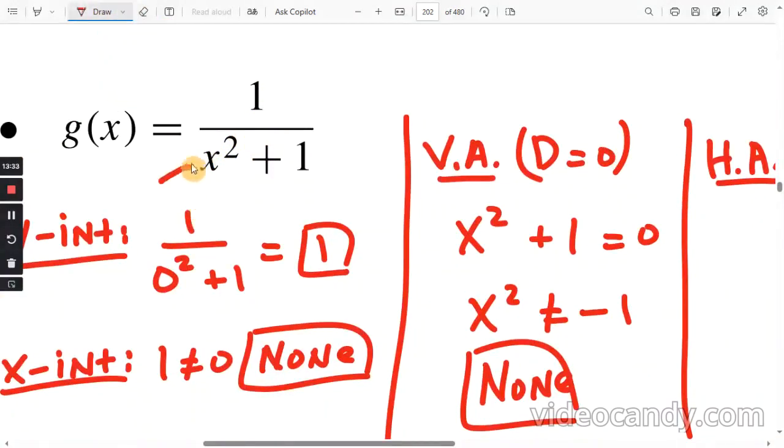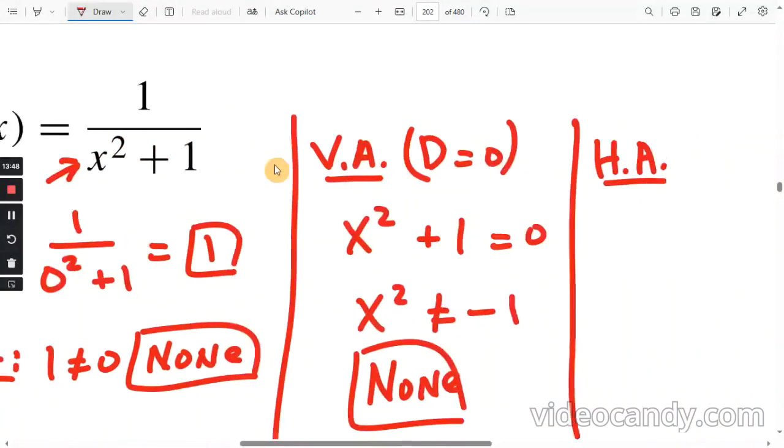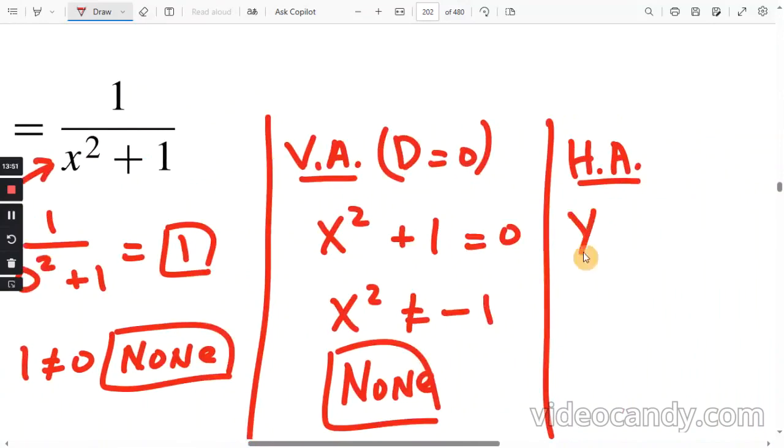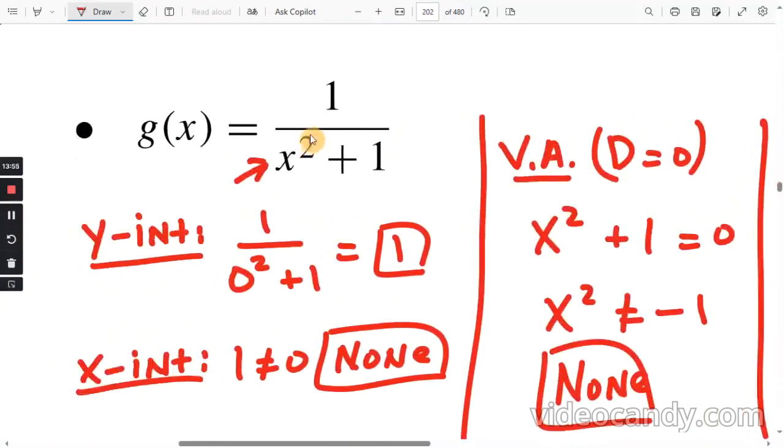As x gets bigger and bigger, the denominator gets bigger and bigger, and you get 1 over a big, big number, and that fraction just approaches 0. If the denominator keeps getting bigger and 1 is in the numerator, this whole thing approaches 0. Okay, so the horizontal asymptote is y equals 0. If you don't believe me, just check the notes. When the degree of the denominator is larger, it's going to be y equals 0.